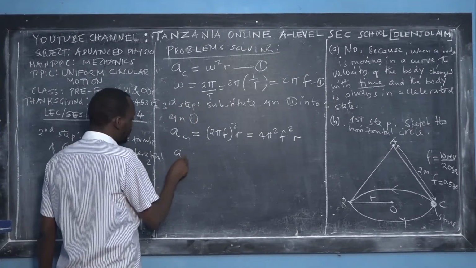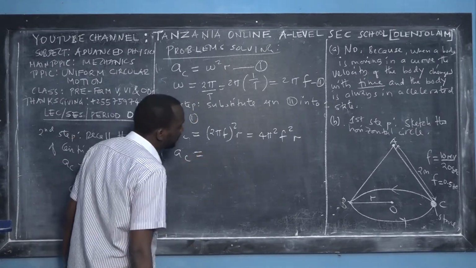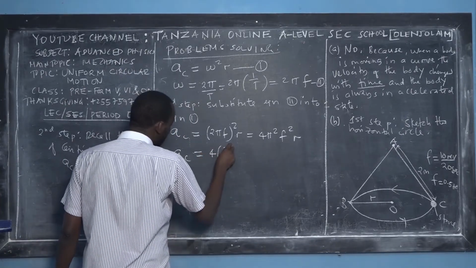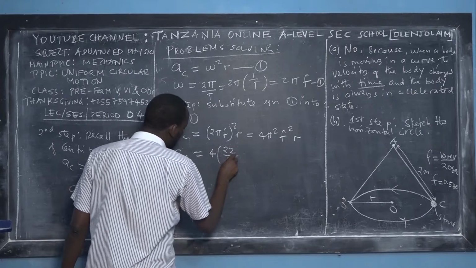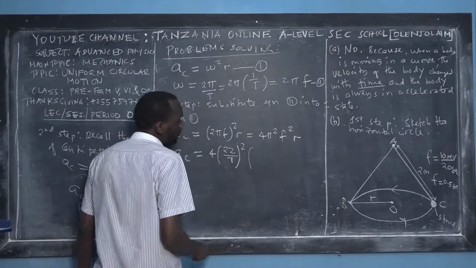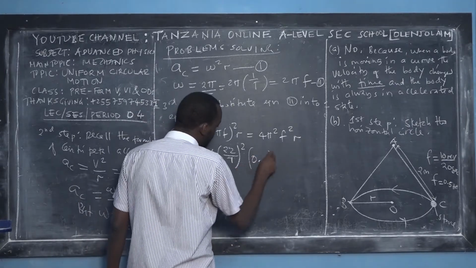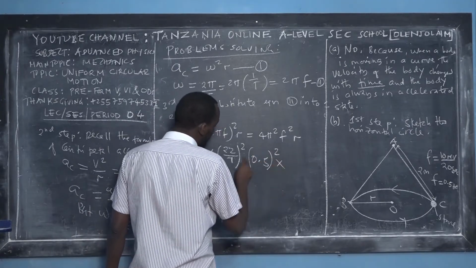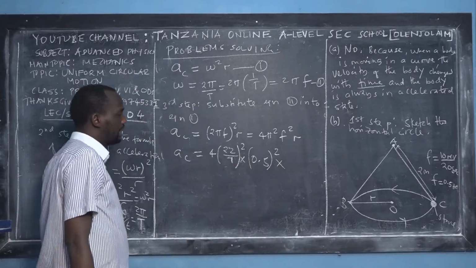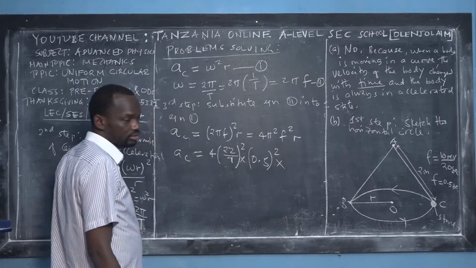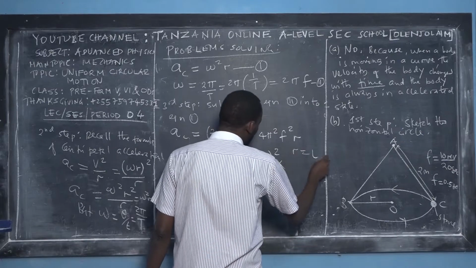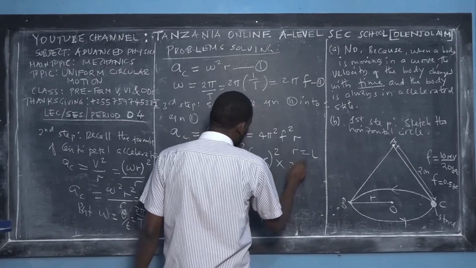So to find the centripetal acceleration that will keep the stone in the horizontal circle, it is 4 times pi squared, where you can use the pi in the scientific calculator, times frequency, which we found is 0.5, squared. The radius of the circle is equal to the length of the string, which is 2 meters.